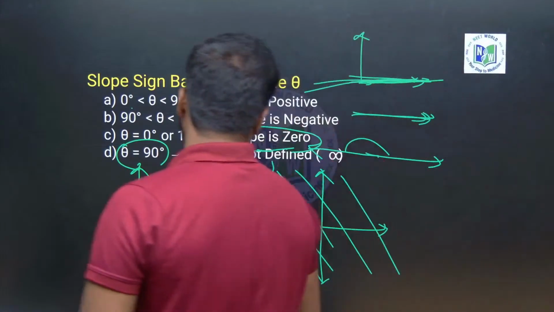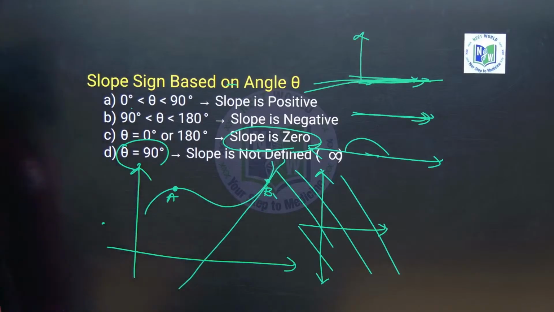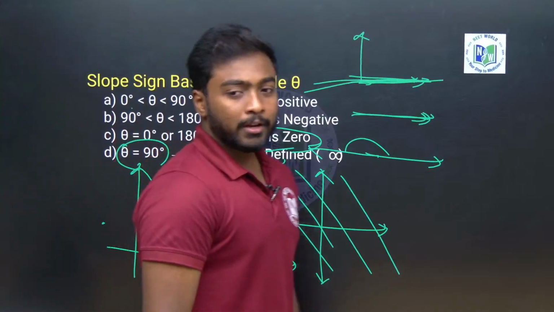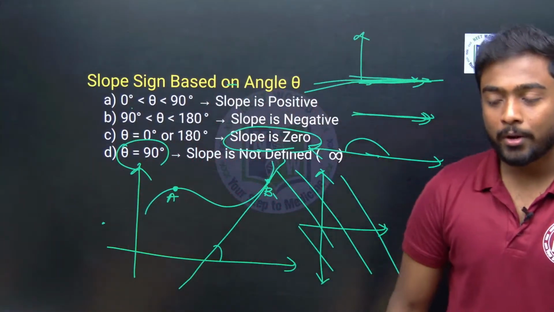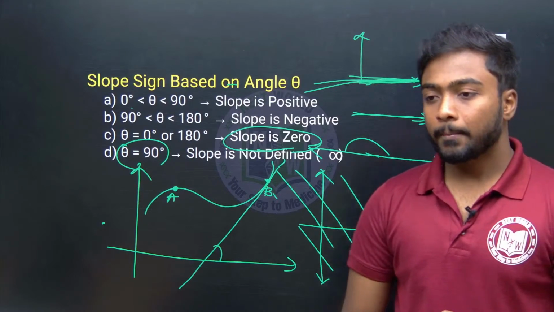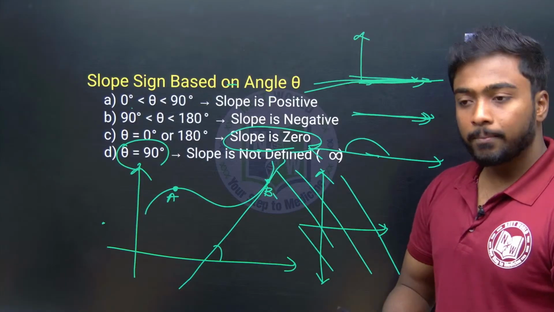If I draw a tangent like this, does this angle lie between 0 to 90 or 90 to 180, or is it exactly 0 or 180 or 90? 0 to 90. So what is the slope? Positive.